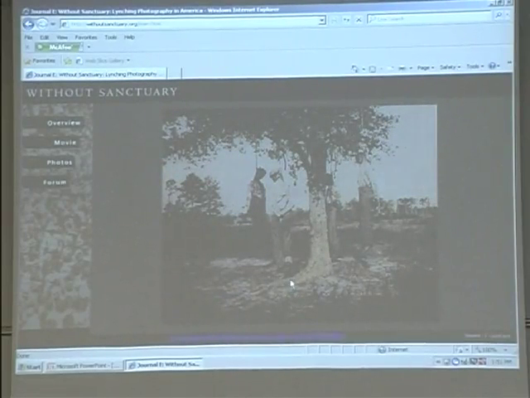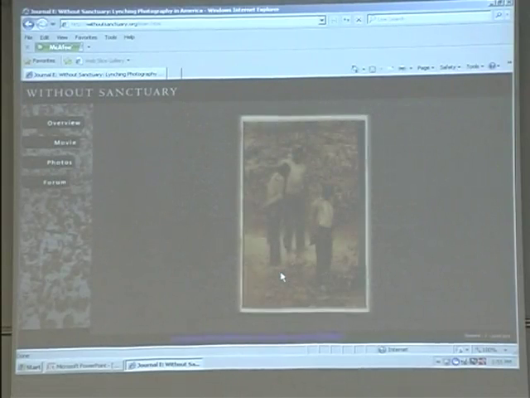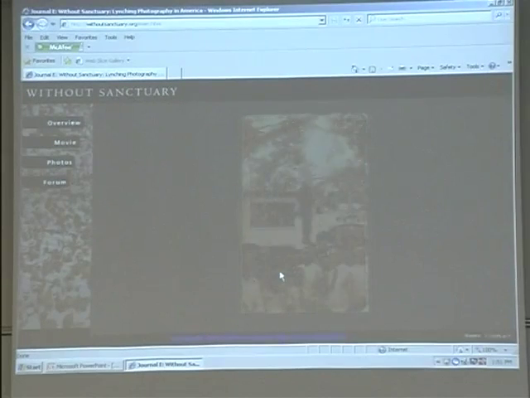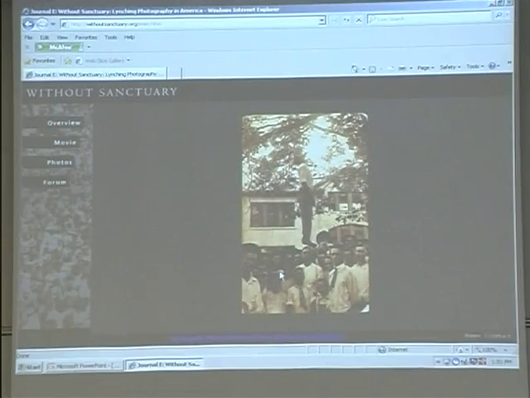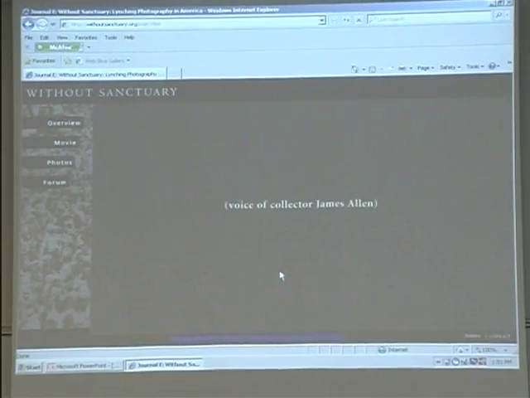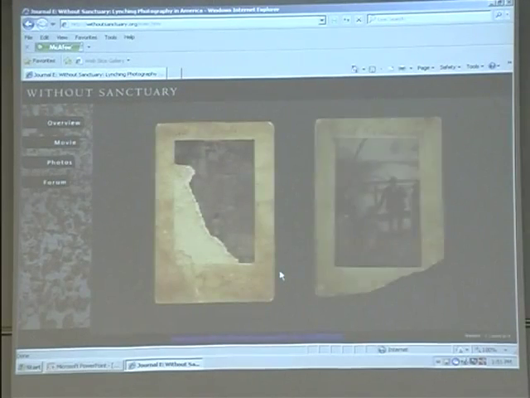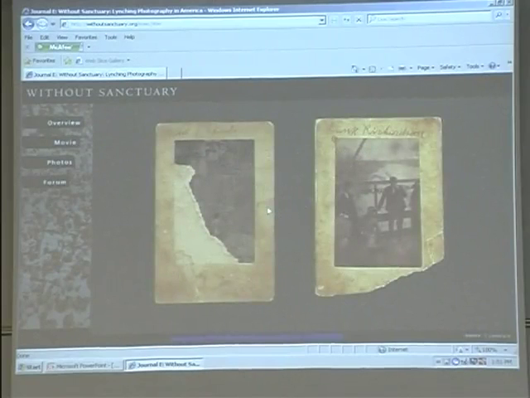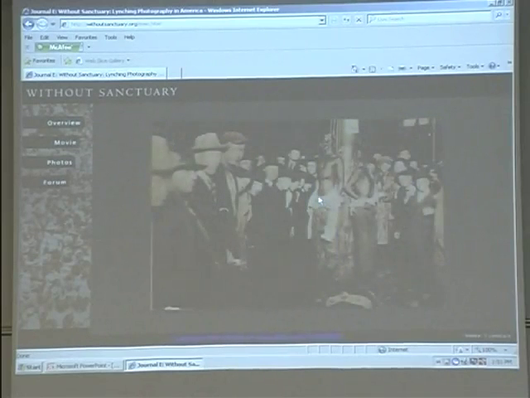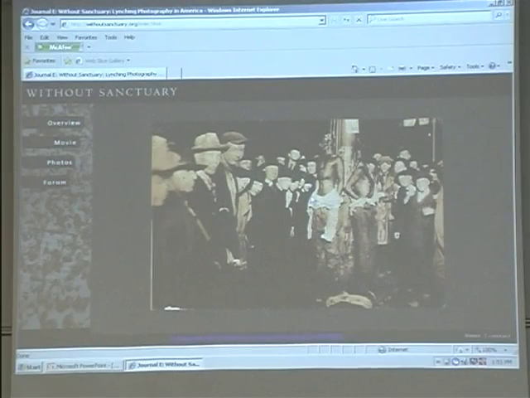You can't hear the sound, I didn't turn the sound up, but basically what you're hearing is the narration of the person who's actually collected all of these lynching postcards. And they're actual postcards that people used to send the same way that we send postcards, except the pictures on the front were actual pictures from actual lynchings, okay?